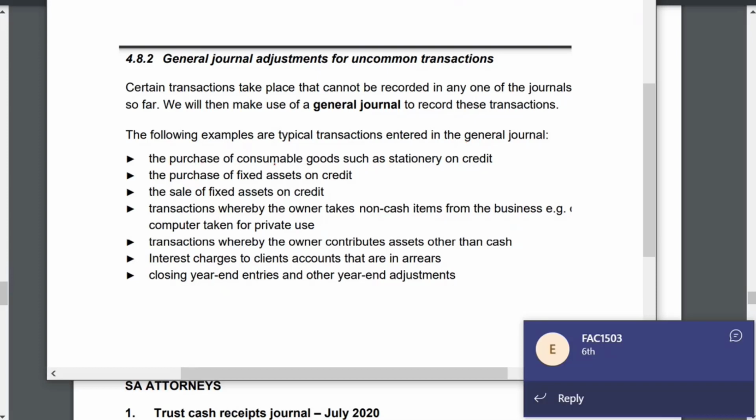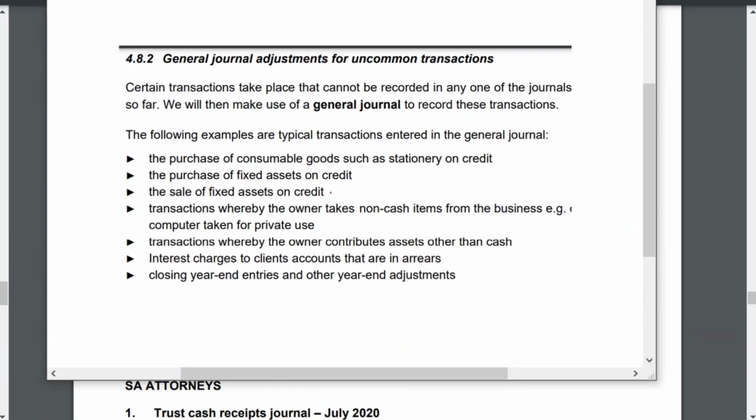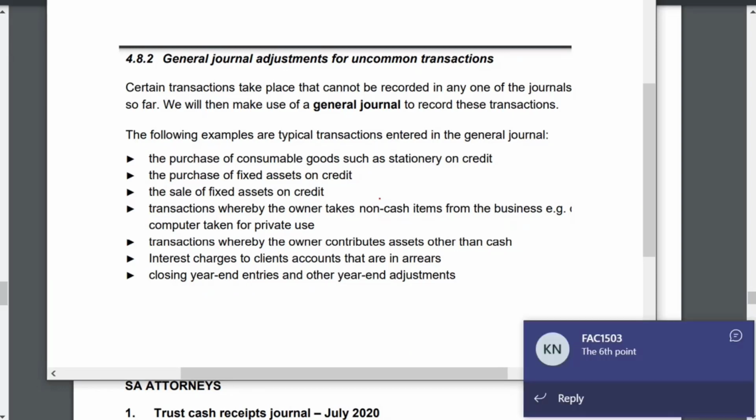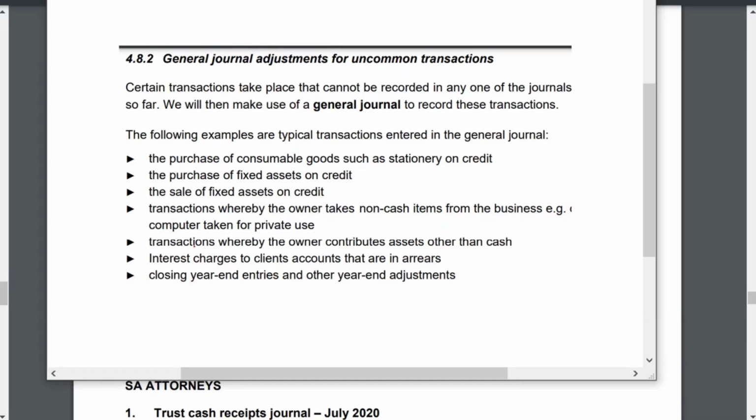Number 1, the purchase of consumable goods such as stationery on credit, purchase of fixed assets on credit, sale of fixed assets on credit, transactions whereby the owner takes non-cash items from the business, computer taken for private use, transactions whereby the owner contributes assets other than cash, interest charges to clients' accounts that are in arrears. And then the last point, which is number 7, closing year-end entries and other year-end entries.